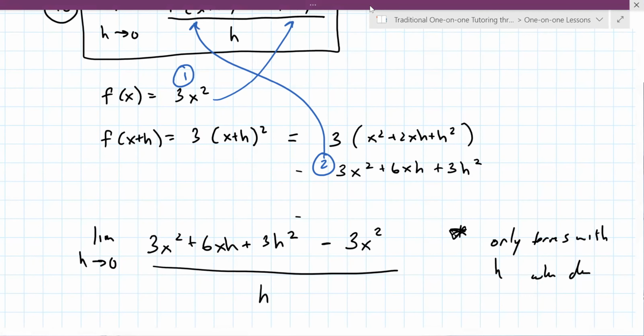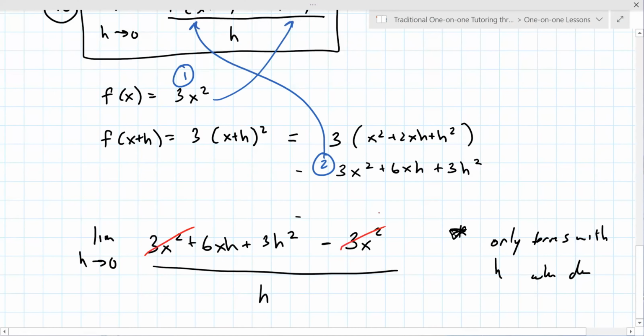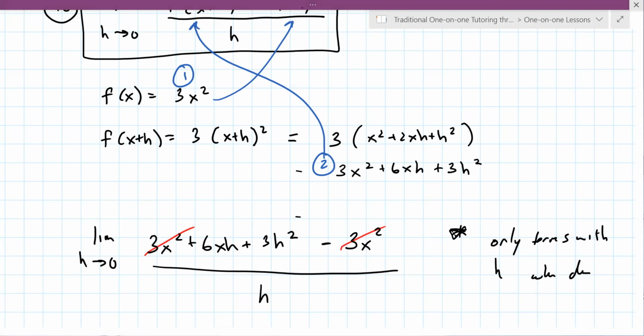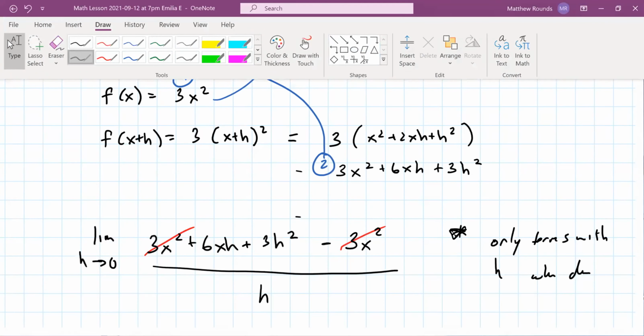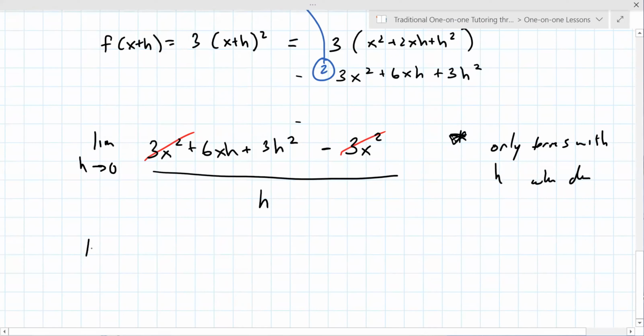Boom, they're gone. Everything's going to have an h in it, so you're going to be able to divide everything by h. That's the fundamental issue here: you can't put 0 in for h because you get division by 0. So you have to cancel your h's.